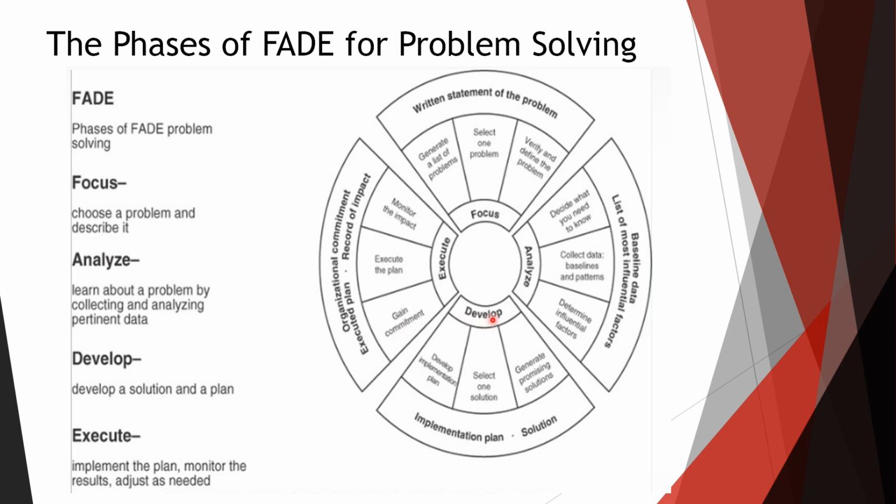And then with the outcome, you can know that it wasn't just because it wasn't being followed, or it wasn't being put into action accordingly, that there's a problem with the solution, or the problem. Maybe the problem wasn't identified correctly. So you monitor the impact and see how it came out. So this is the phases of FADE for problem solving.